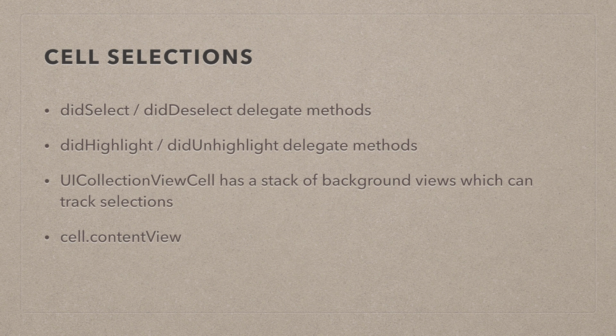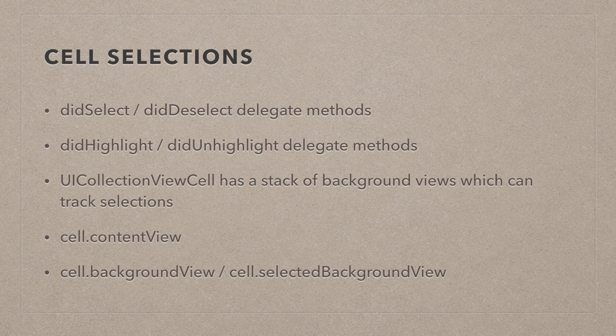But there's also something going on underneath the content view, and it's important to understand because if you turn the content view's background color to something, it will obscure whatever's underneath it, and so it's always a good idea to not do that, because underneath it there is something called the cell's background view and the cell's selected background view, and those are views that are initially nil, but we can populate them with our own view and then change or define the background color of those.